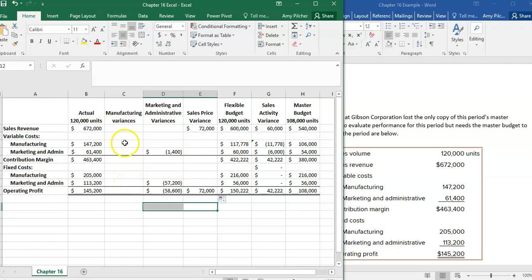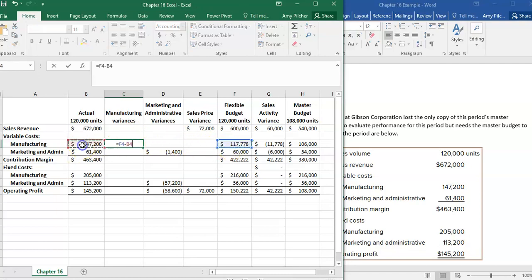So now we're going to look at our manufacturing variances. That's exactly like the marketing and administrative variances. So we're going to look at the difference between our flexible budget for our variable manufacturing costs and our actual manufacturing costs. So we have a negative or an unfavorable variance of $29,422.